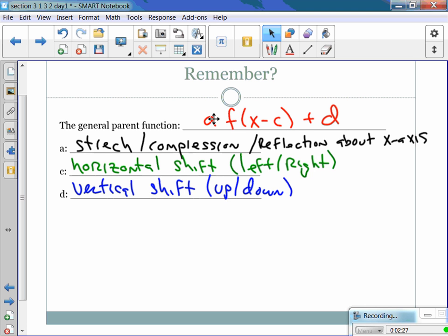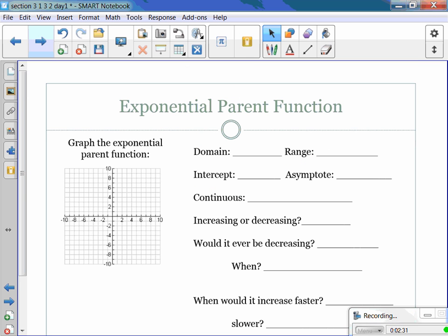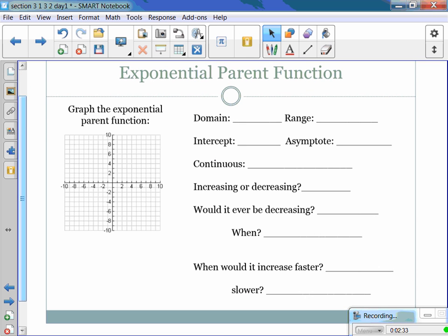So starting off with our basic parent function, our exponential function, what did that look like? Anyone remember? That's our nice little exponential function.